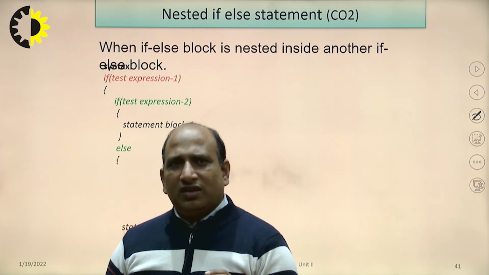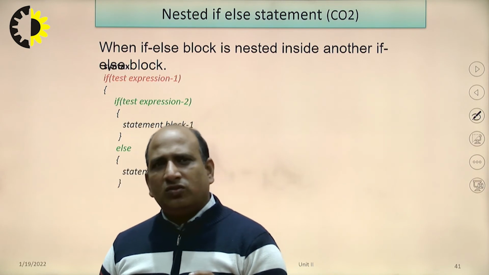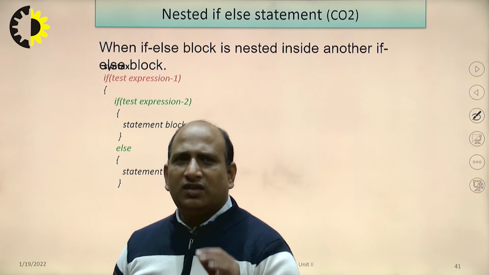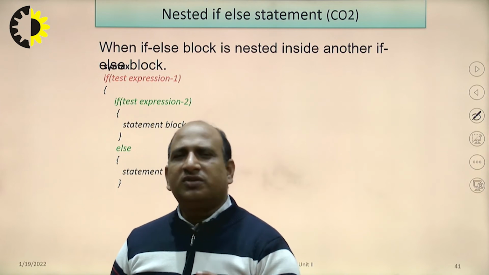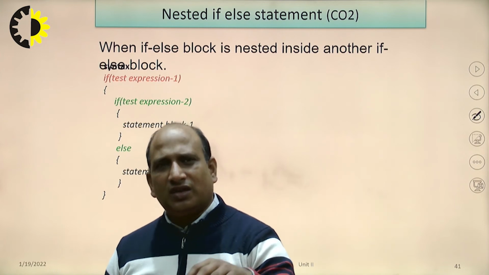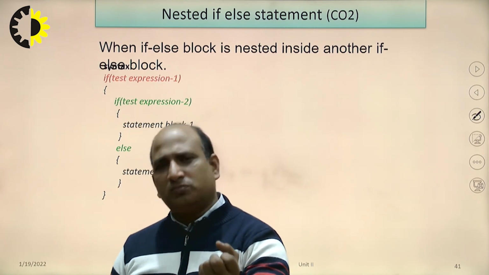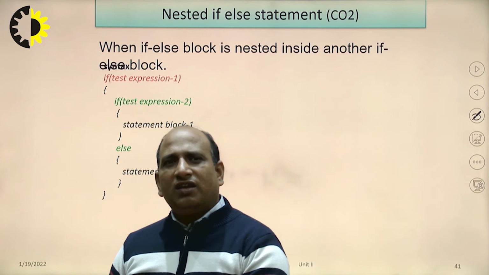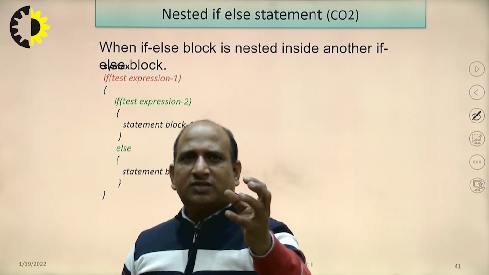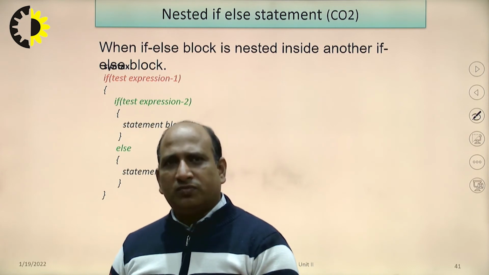And in this else part, statement block 2, the control will come when test expression 1 is true and test expression 2 is false. For reaching statement block 2, the test expression 2 must be false, and to come here the first test expression must be true.